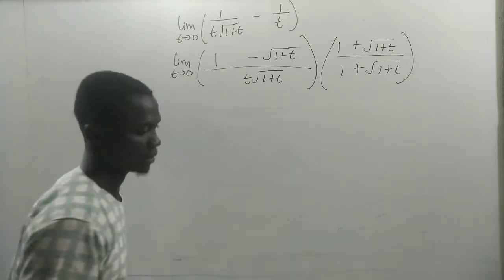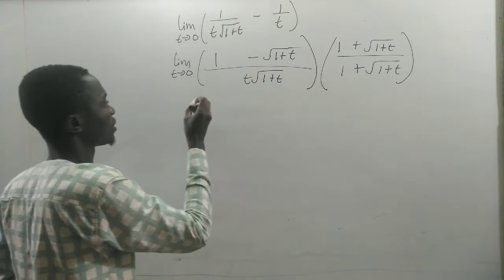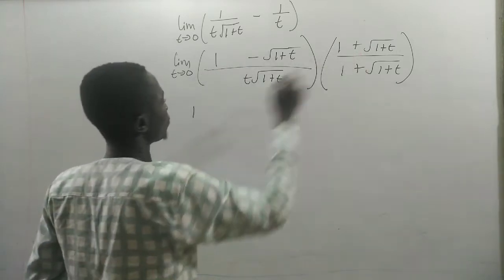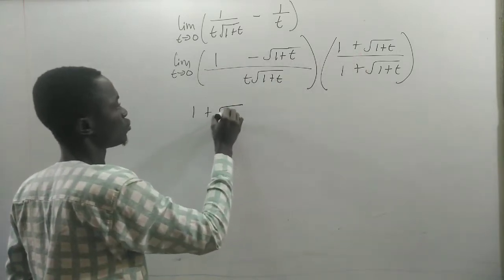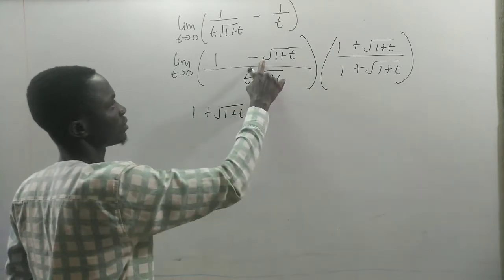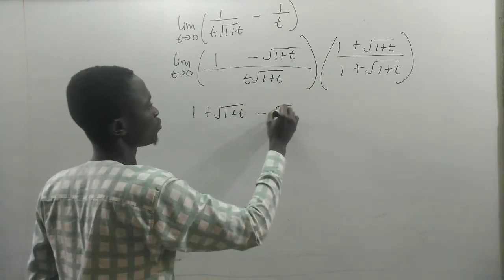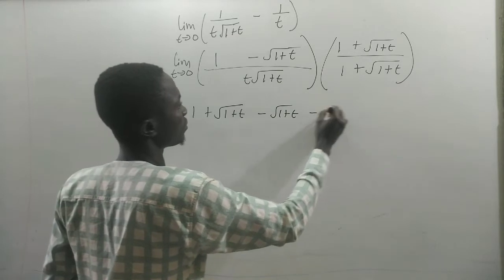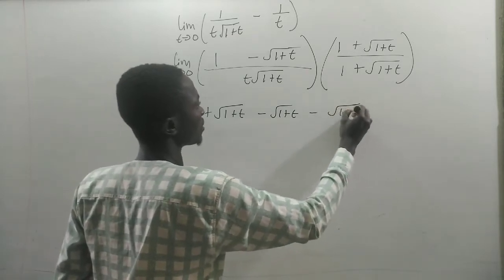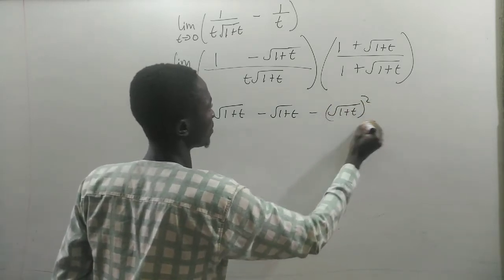Or let me expand. 1 times 1 is 1. 1 times this will give me plus root 1 plus t. This times that will give me negative root 1 plus t minus root 1 plus t squared.